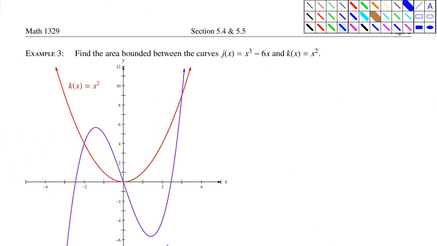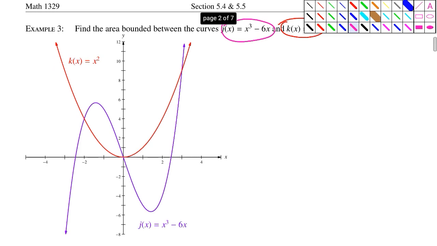Example 3. Find the area bounded between the curves j of x is equal to x cubed minus 6x and k of x is equal to x squared. So k of x is the red function here, and j of x is the blue, sort of purplish function. And what we're looking for is the area between the two curves.